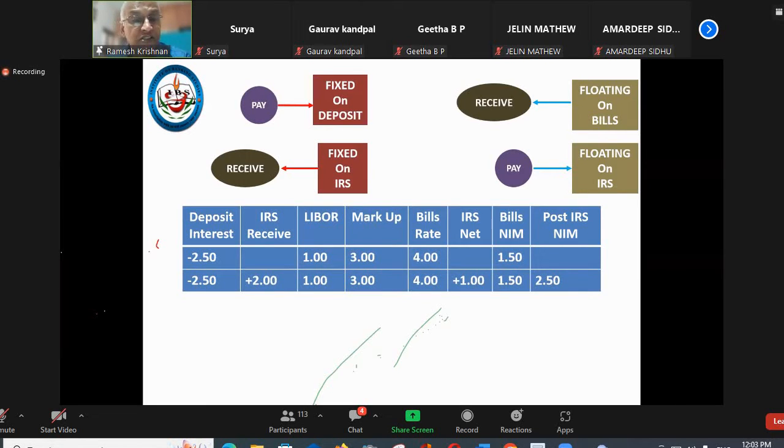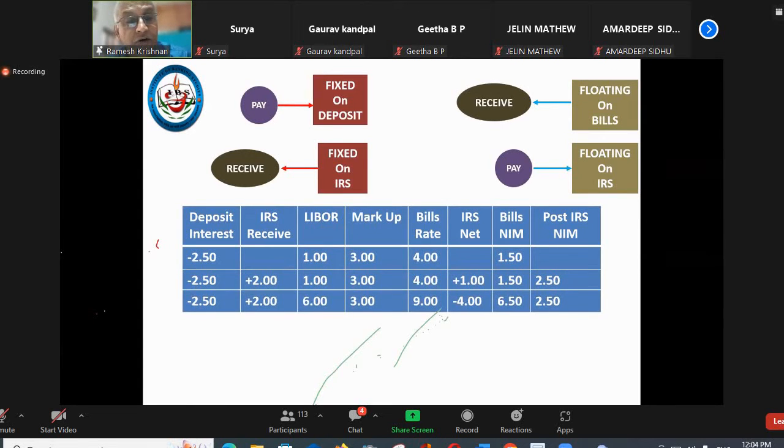So 2% fixed, whereas floating LIBOR you paid 1. So 2 minus 1 plus 1 is there. And your bill NIM, which I just explained in the first column, is 1.5. So total after doing the swap, your return, or NIM, is 1.5 plus 1, 2.5.